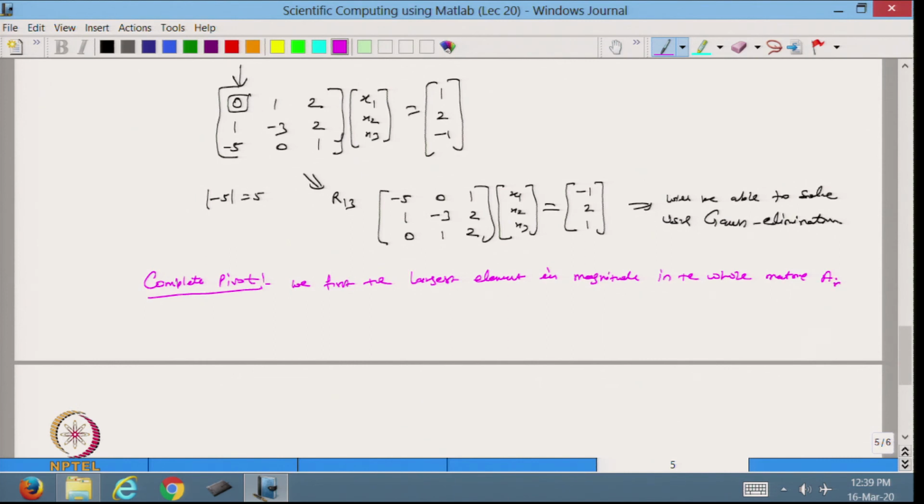My matrix is n cross n. So, we will find the largest element in magnitude in the whole matrix and bring it as the first pivot.